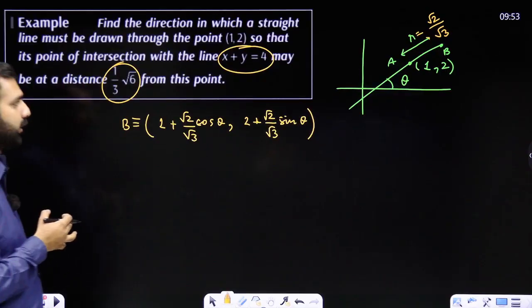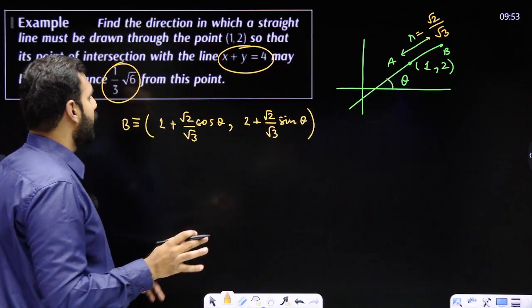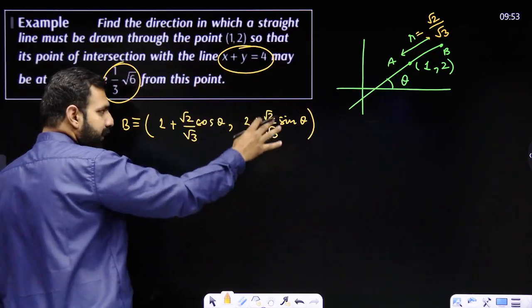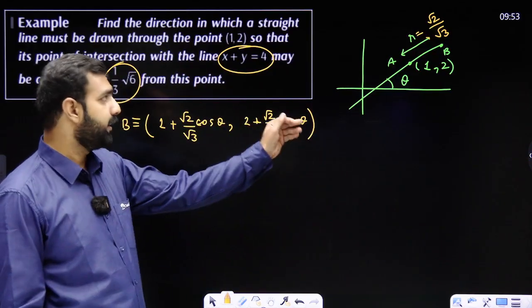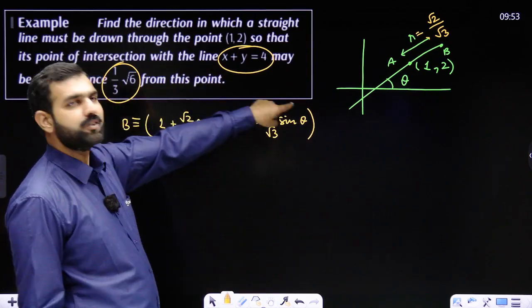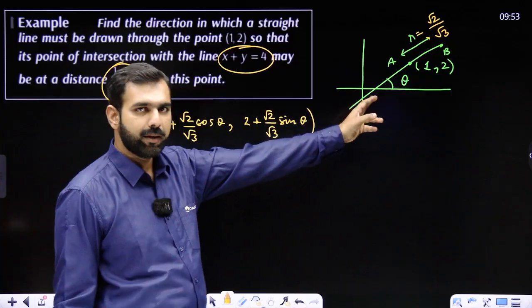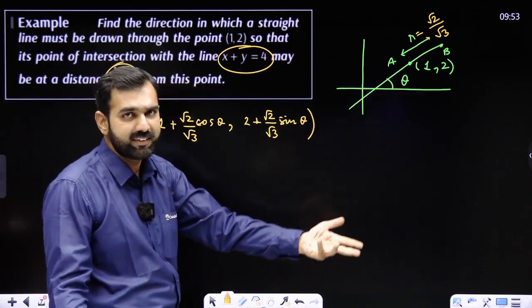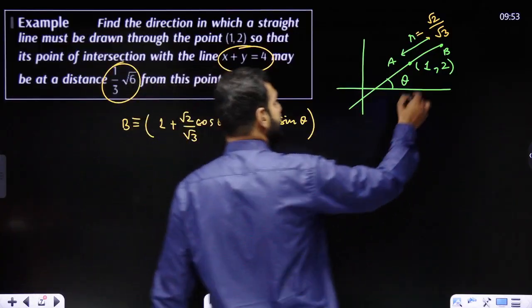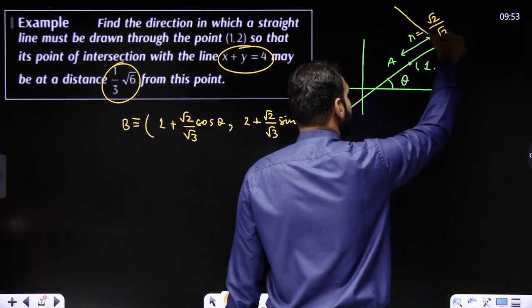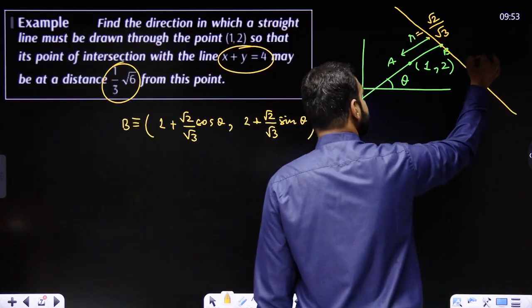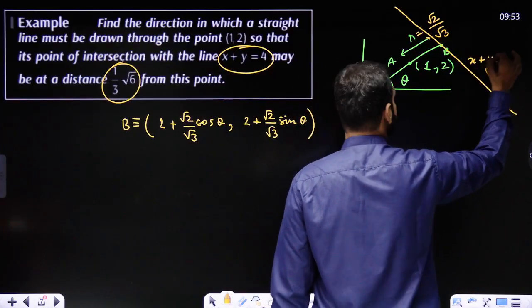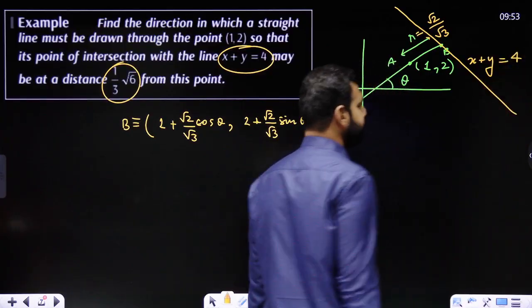Let's proceed further. What I know now is that this line AB intersects this line x + y = 4 at that point B, because that point B is root 2 by root 3 distance away from A. That's exactly what we were given. So there is another line, which I'm not drawing accurately, but let's say this line happens to be x + y = 4.